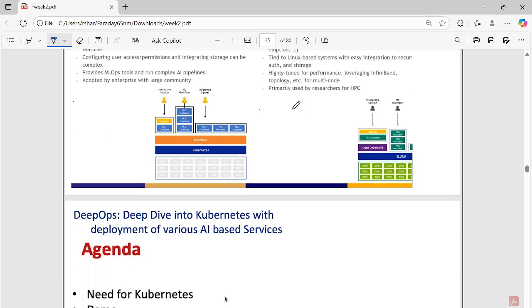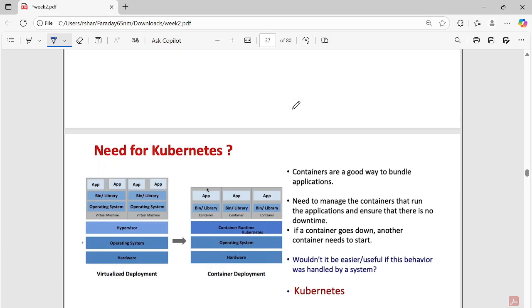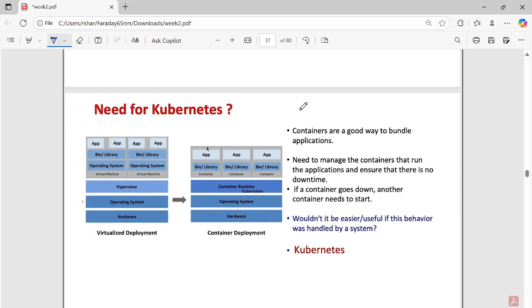I think we will go to the next. So, the need for Kubernetes.